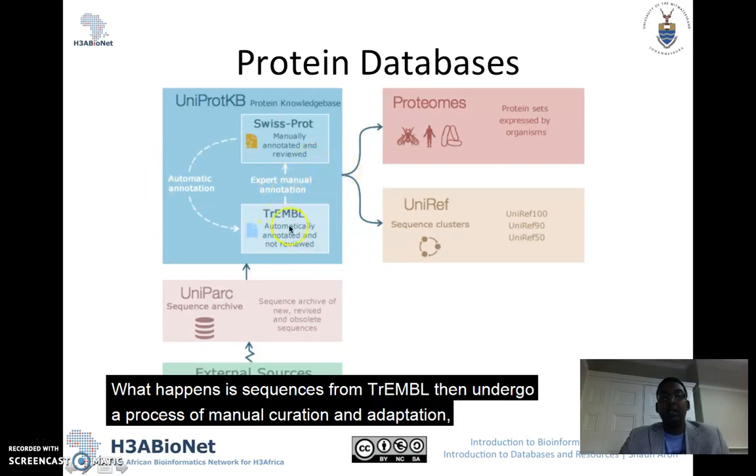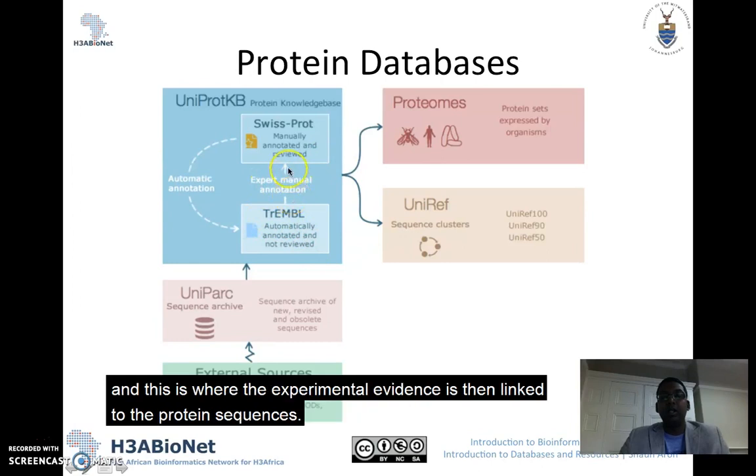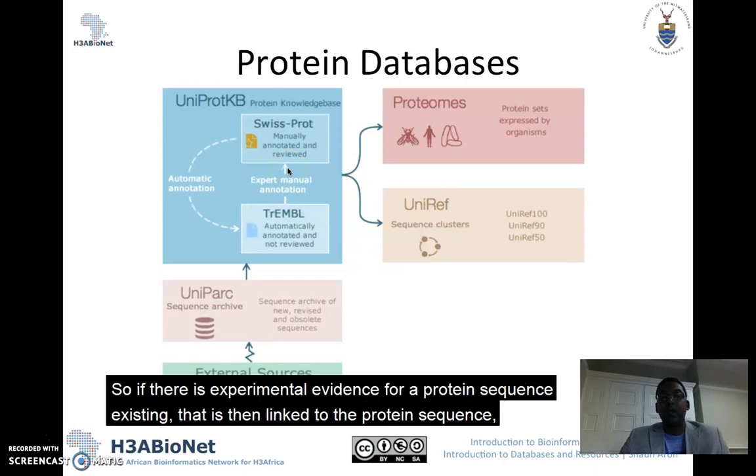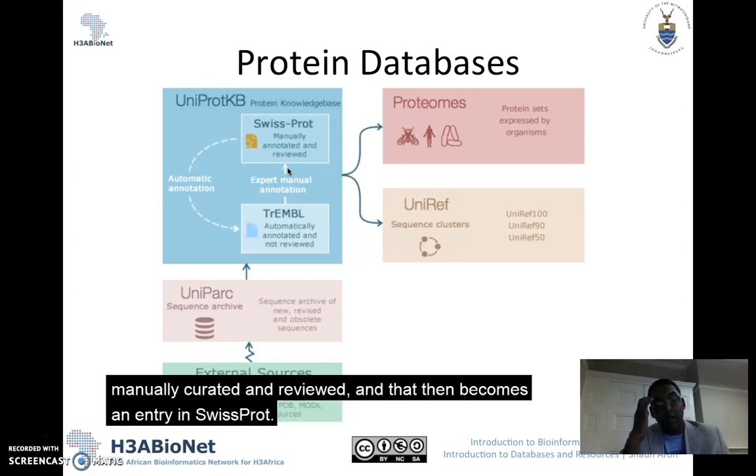What happens is sequences from TrEMBL then undergo a process of manual curation and annotation, and this is where the experimental evidence is linked to the protein sequences. If there is experimental evidence for a protein sequence existing, that is linked to the protein sequence, manually curated and reviewed, and that then becomes an entry in SwissProt.